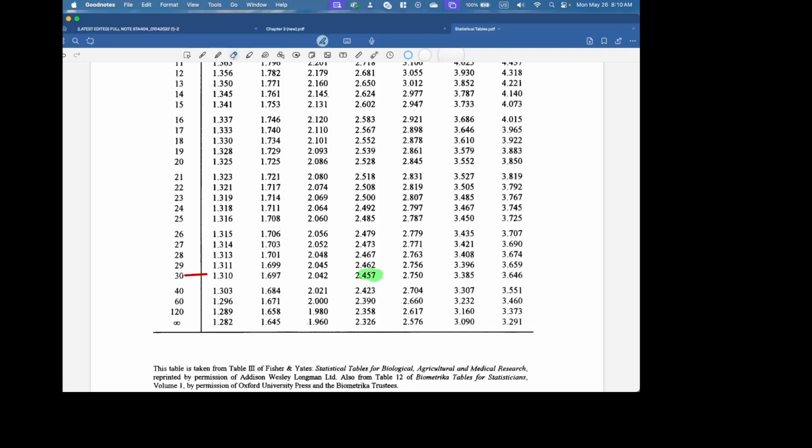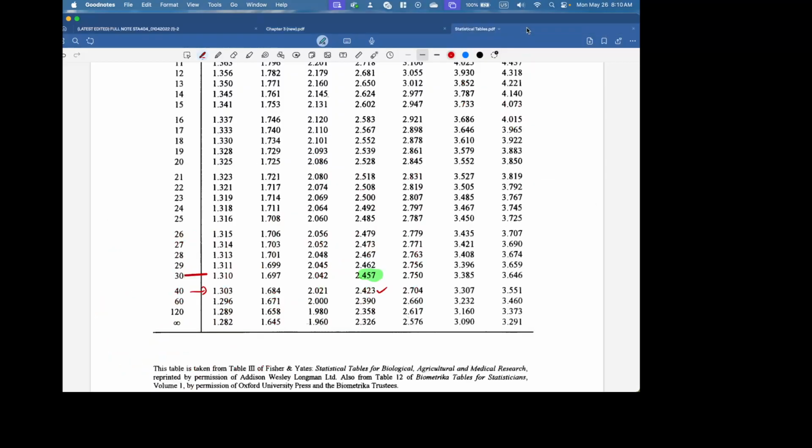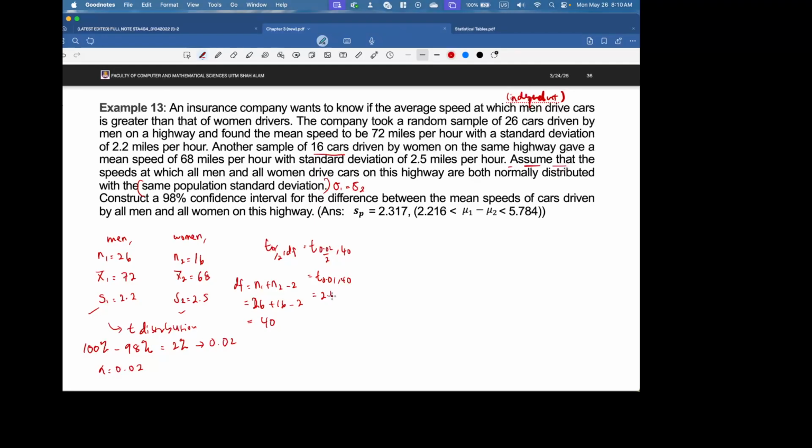Degree of freedom is 40, and alpha divided by 2 is 0.01. So this is equal to 2.423.